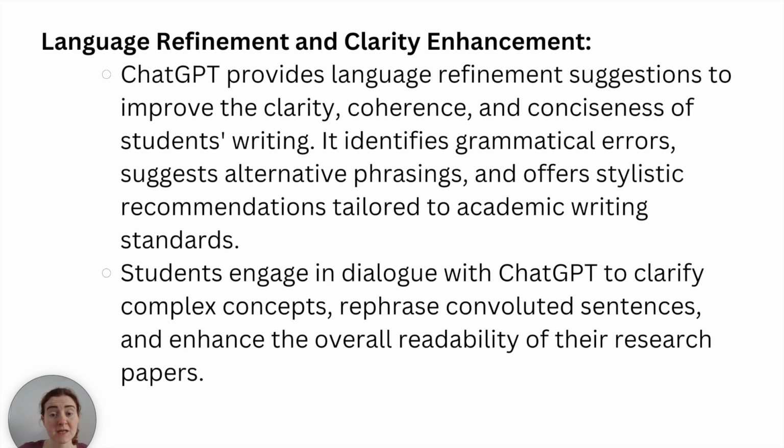Grammar errors can be found by using ChatGPT, different ideas of how you can phrase your thoughts, and different style recommendations can be provided to ensure that students are writing in an academic style. Students can have back and forth dialogue to clarify what type of concepts they have that they don't quite understand, to understand very confusing sentences, and overall make their papers simply clearer and easier for the reader to understand.